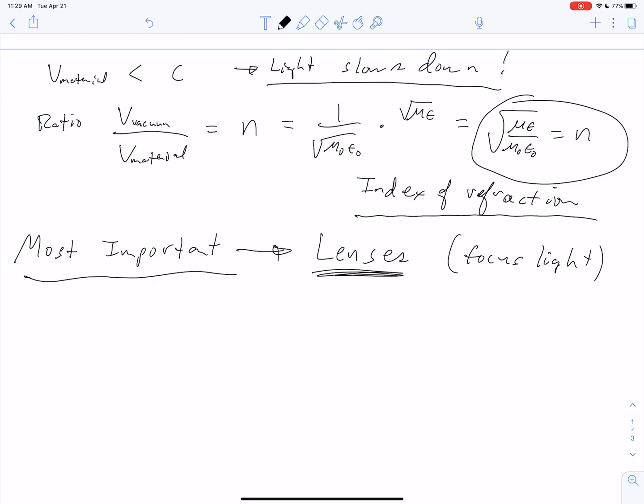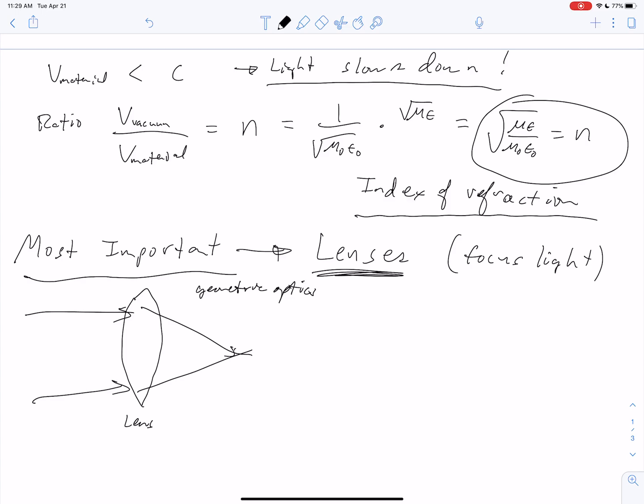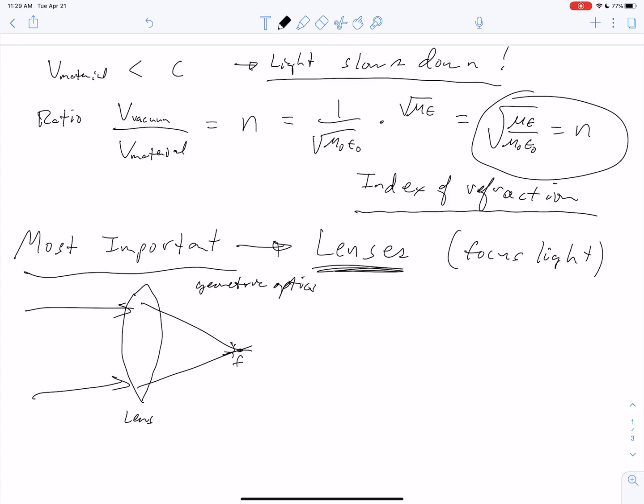You've all seen geometric optics before, and you know that when I have a lens, the light comes in and it gets focused to the focal point, F. But let's consider how this happens from the perspective of Maxwell's equations. How do Maxwell's equations cause this to happen?